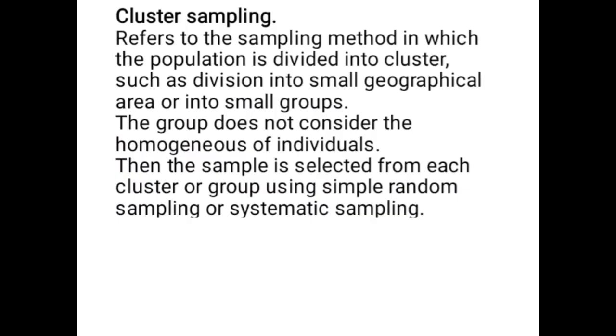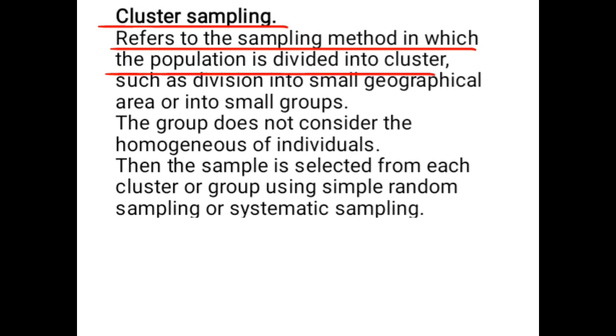Now, let us move to another type of random sampling or probability sampling, which is cluster sampling. Cluster sampling may be seen as similar to stratified sampling, but it has some difference. By definition, cluster sampling refers to the sampling method in which the population is divided into clusters.